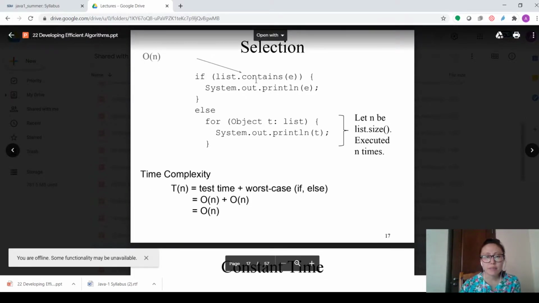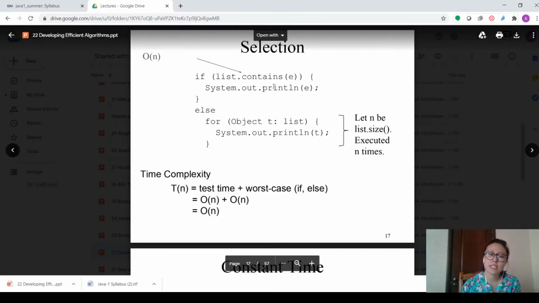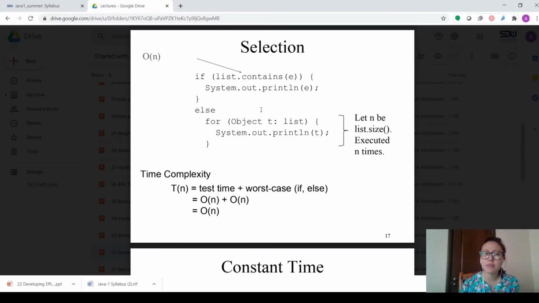Here we have some kind of selection example. We are selecting from a list some element E. Does it contain this E or not? And printing it. Else, we are performing here some kind of loop for some object.